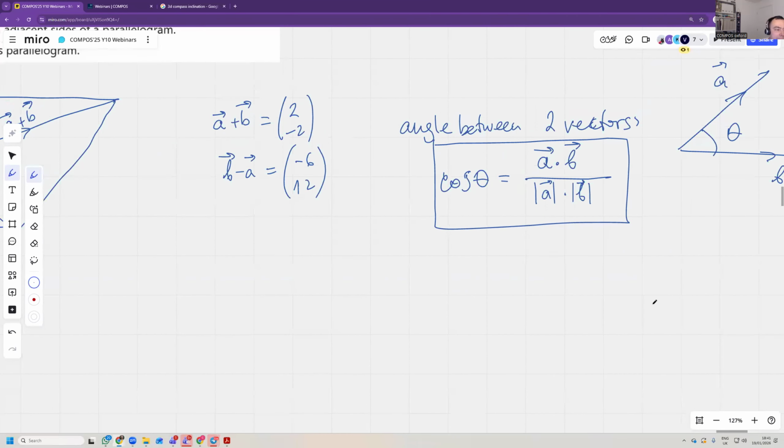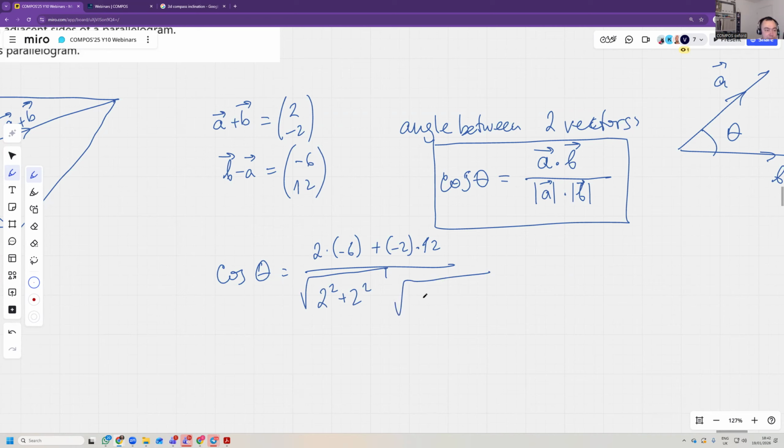Right, so we want to find the cosine of the angle between the diagonals. Cosine theta is A times B, so 2 times -6 plus -2 times 12, divided by the modulus of A. The modulus of A is the square root of 2 squared plus 2 squared, and the modulus of B is the square root of 6 squared plus 12 squared.